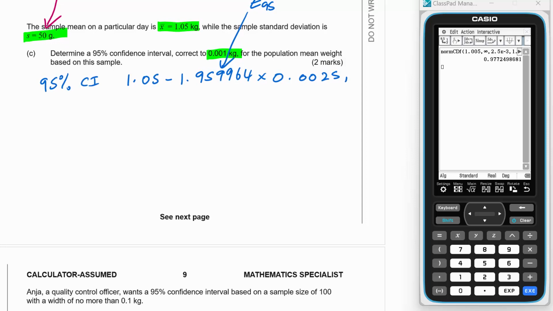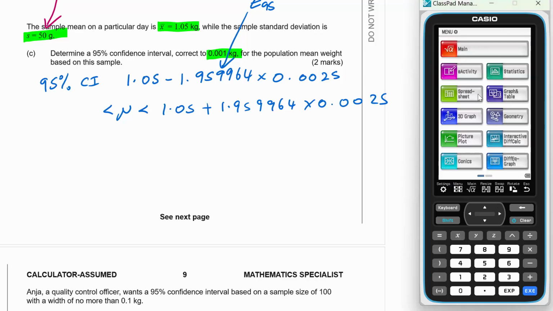And at the other end, it is less than mu, which is less than, and then it will be the same thing with a plus, like so.